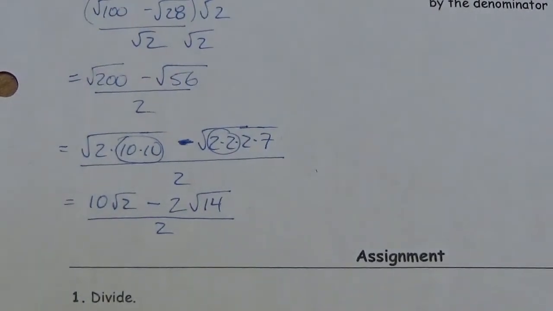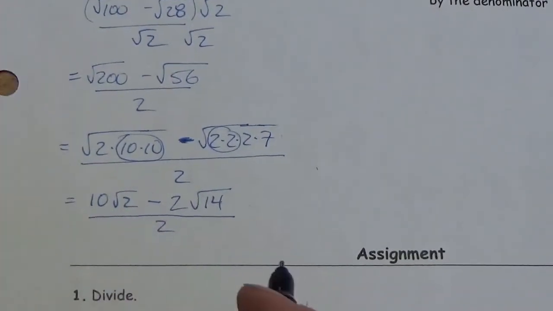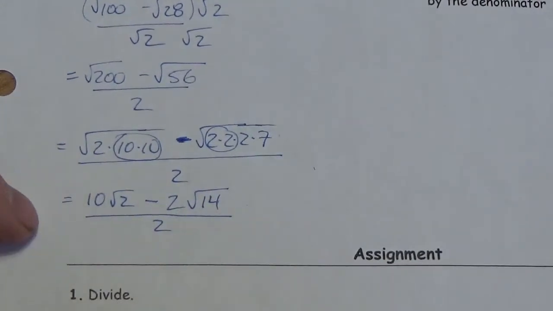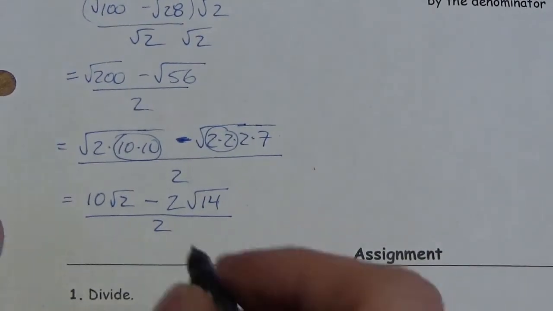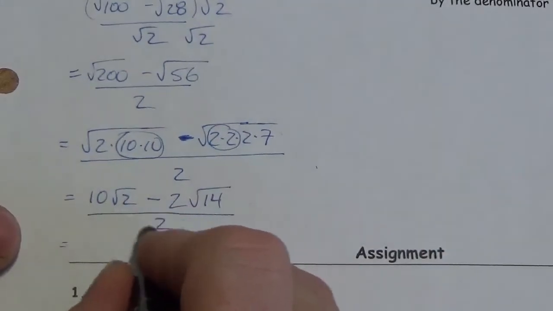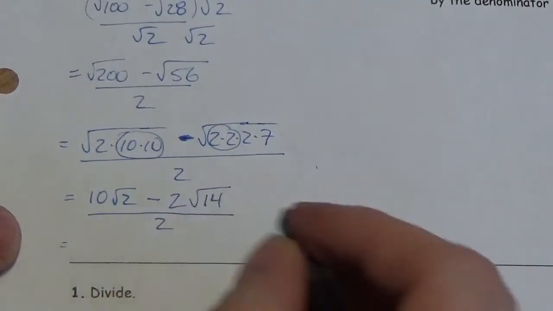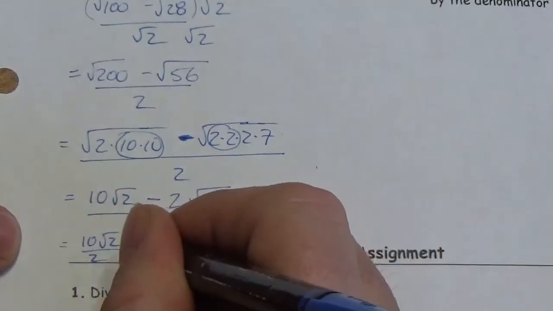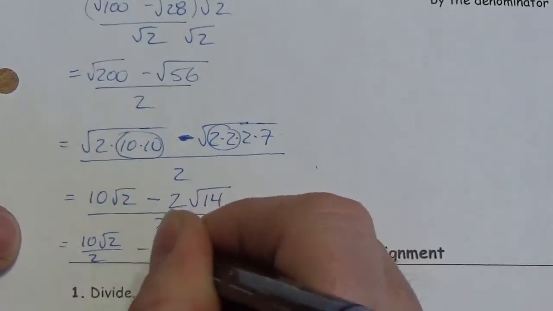Now to finish this off, this looks fine, okay? Except for the fact that both of the terms in the numerator are divisible by 2. Now, if you think back to something we did just a few moments ago, remember, I can distribute that division to both of those terms. So I can make this 10 root 2 over 2 minus 2 root 14 over 2.